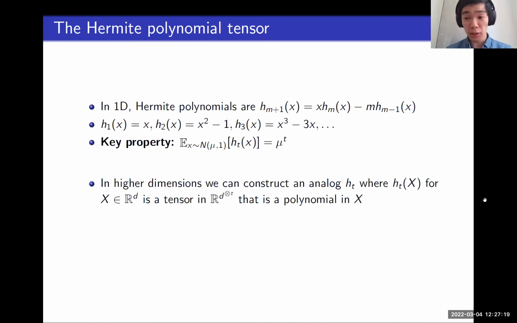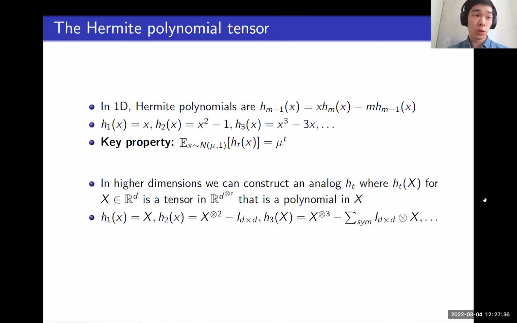In higher dimensions, it turns out there's a very natural analog, which we'll call the Hermite polynomial tensor. The Hermite polynomial tensor takes in an input x, which is a point in R to the d, and it outputs a t-dimensional tensor, a d to the t tensor that is a polynomial in x. There's a natural analog with the way the terms are written down. I won't go into this formally because it's not too important what the explicit form is. But the first few Hermite polynomial tensors are as shown.